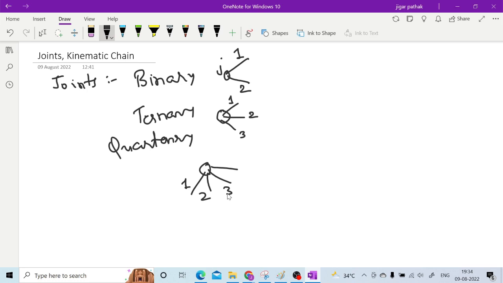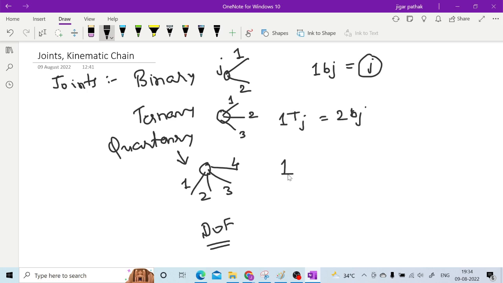So one binary joint is going to be equal to j only. This we need to remember because we will see degree of freedom in a short while. Whenever we are calculating degree of freedom, number of joints is important. So whenever you are having any ternary joint, then that ternary joint is equivalent to two binary joints.